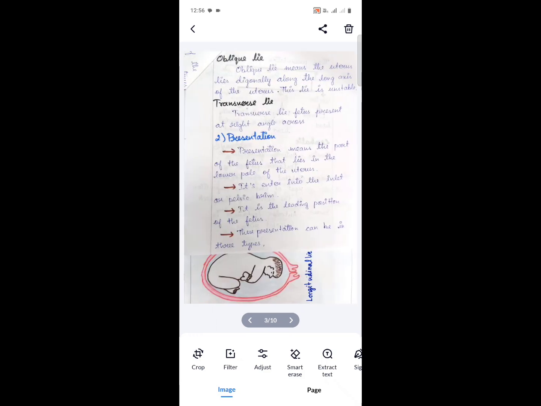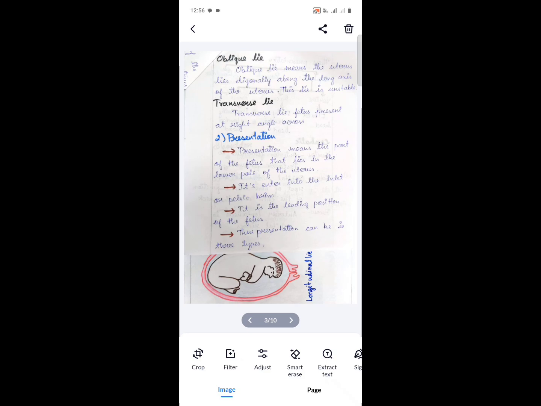And next is the presentation. Presentation means the part of the fetus that lies in the lower pole of the uterus. The uterus has an upper pole and a lower pole. The upper part, where the fallopian tube is attached, is the upper pole, and the part where the cervix is present is the lower pole of the uterus.